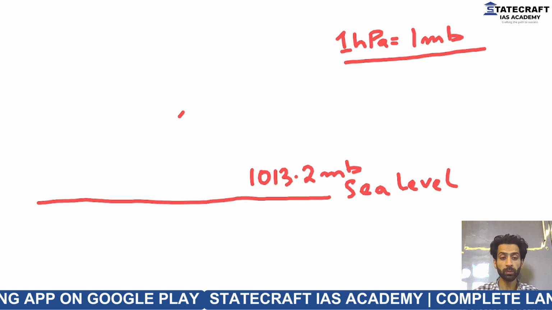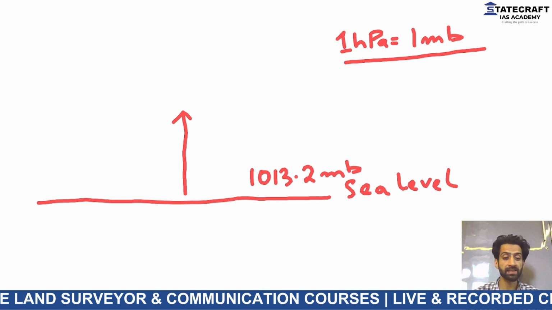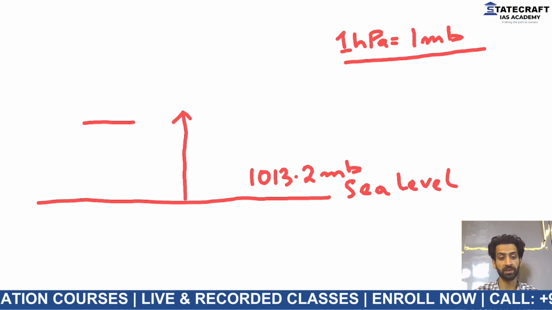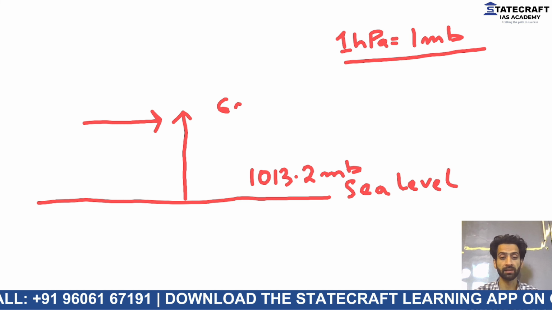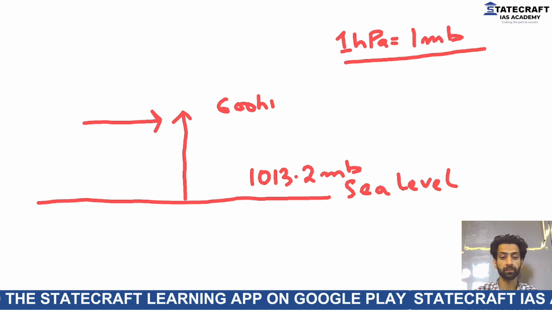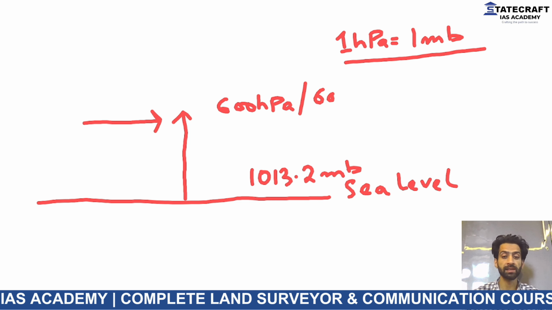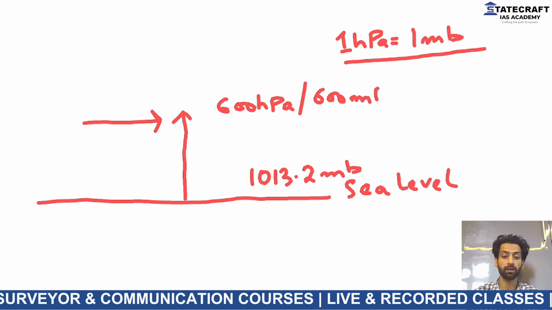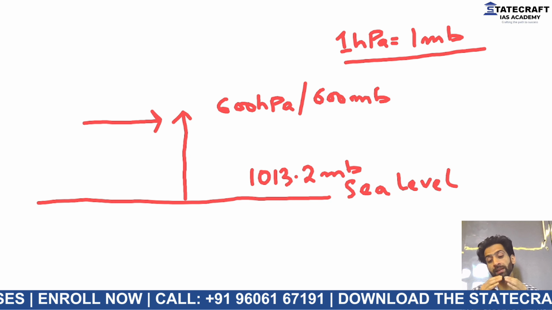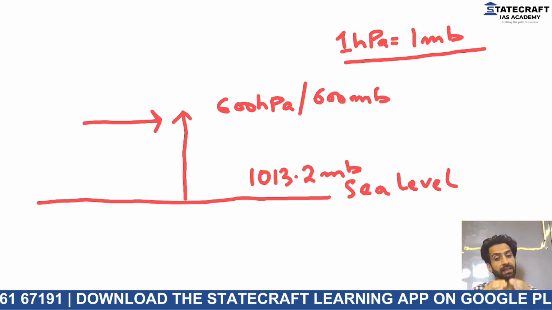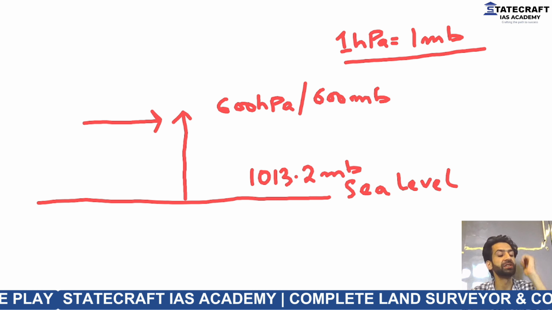For a rainfall to be classified as monsoon rain, we want consistent, persistent winds at a pressure of 600 HPA. I told you 600 HPA, or you can say 600 millibars. If we have a pressure of 1013 MB at sea level, as we start to go higher, the pressure will start to decrease.